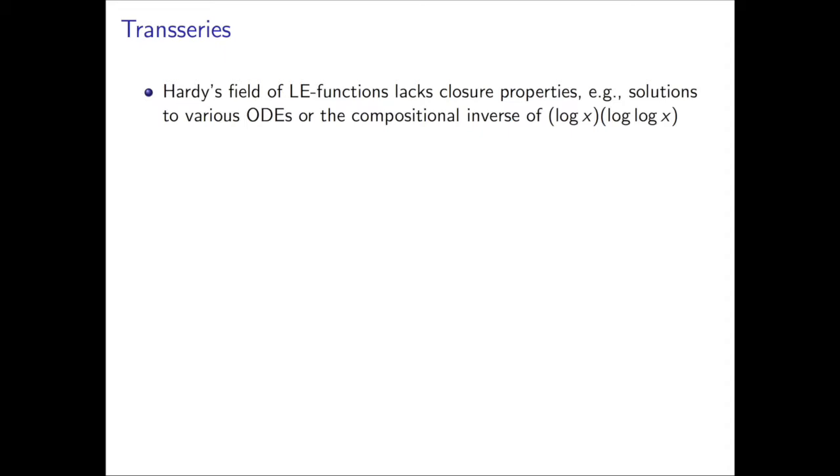So what are some problems? Well, there are lots of closure properties that they lack, including, for instance, this particular function that Hardy isolated, which doesn't have an inverse in his field. He couldn't prove it at the time, but he identified it as something problematic. If you think about what the rate of growth of the inverse should be, you can convince yourself that it's reasonable that it shouldn't be in his field.